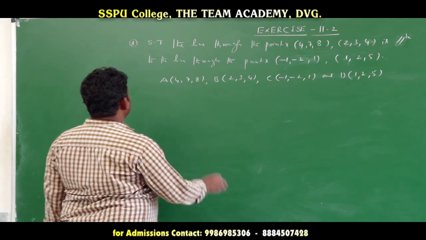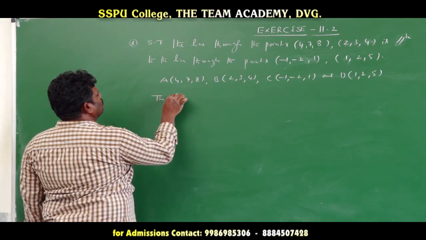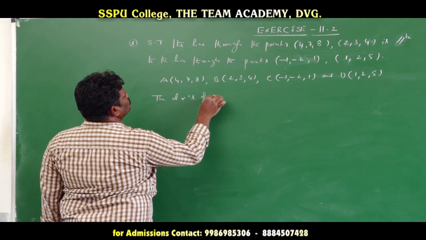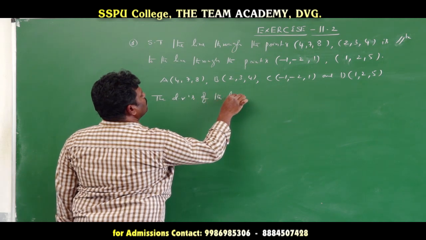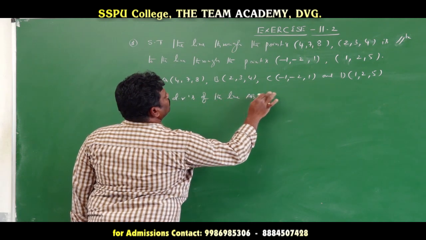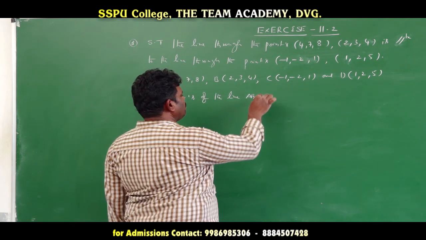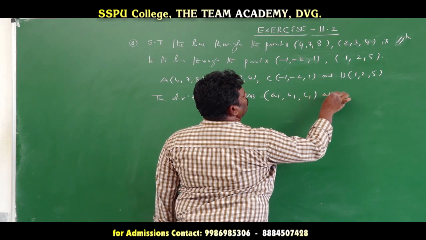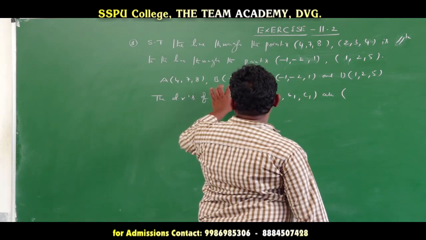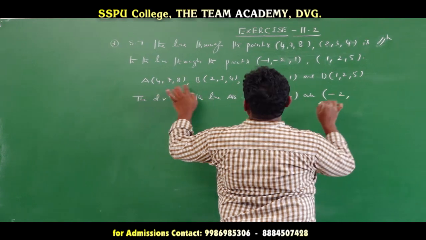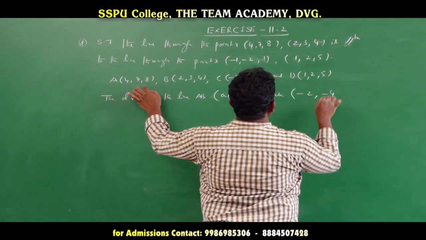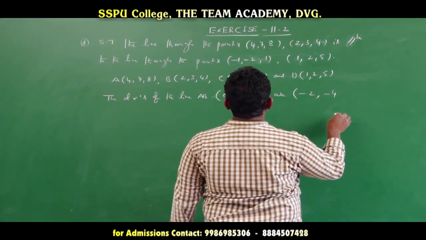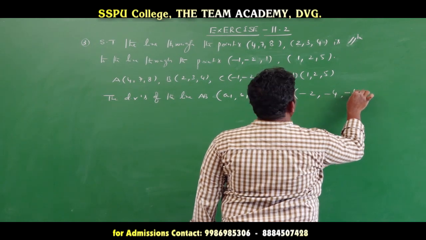Then the direction ratios of the line AB, A1, B1, C1, are the differences: 2 minus 4 is minus 2, 3 minus 7 is minus 4, 4 minus 8 is minus 4.